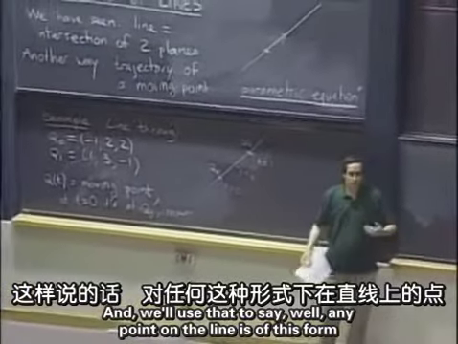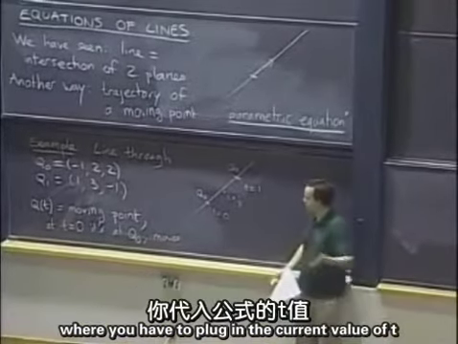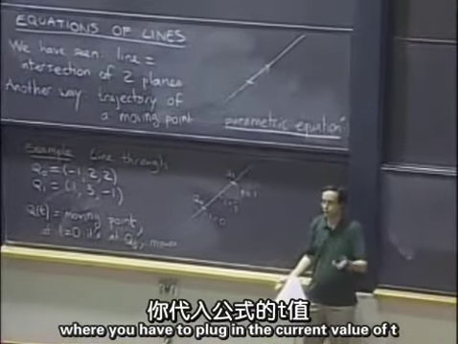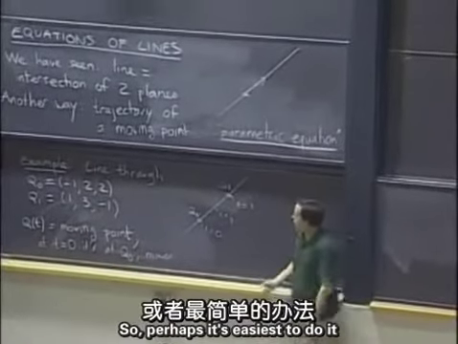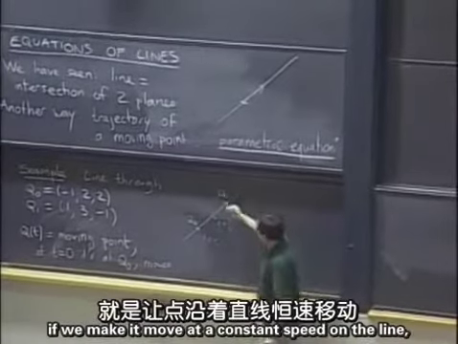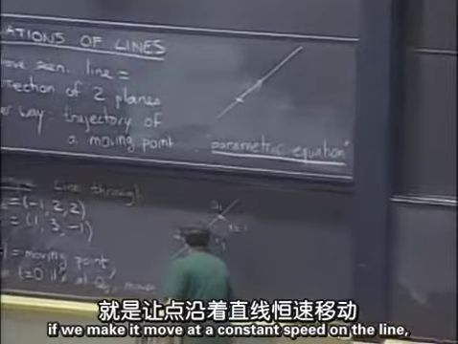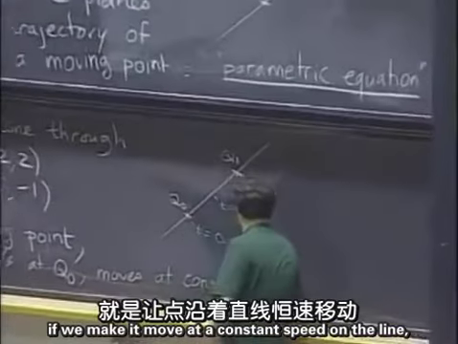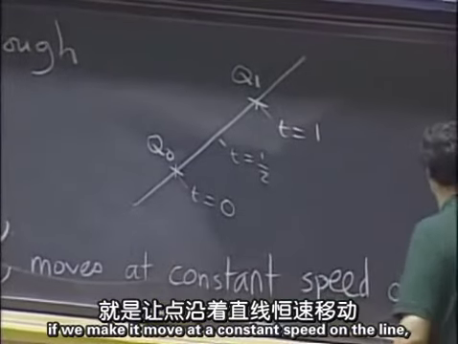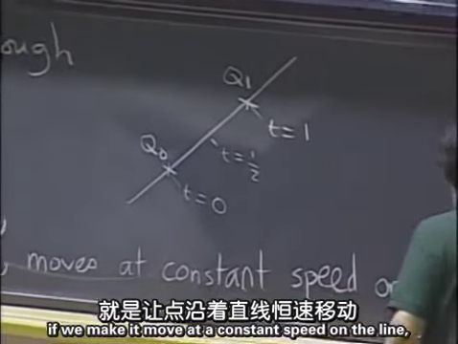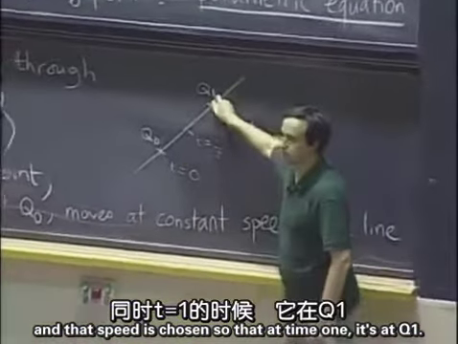And we'll use that to say any point on the line is of this form, where you have to plug in the correct value of t depending on when it's hit by the moving point. So perhaps it's easiest if we make it move at constant speed on the line, and that speed is chosen so that at time 1, it's at q1.